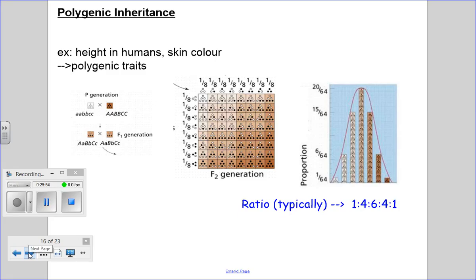So the next one is about polygenic inheritance. Polygenic, many genes. Polygenic inheritance is when many genes, in other words, more than one gene, control a trait.